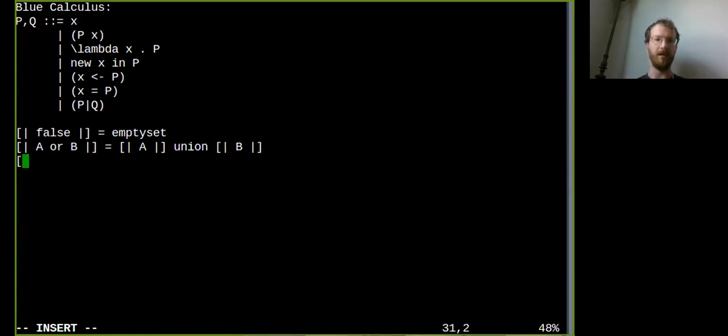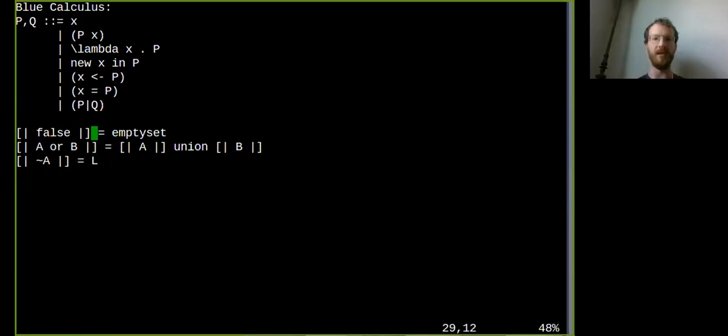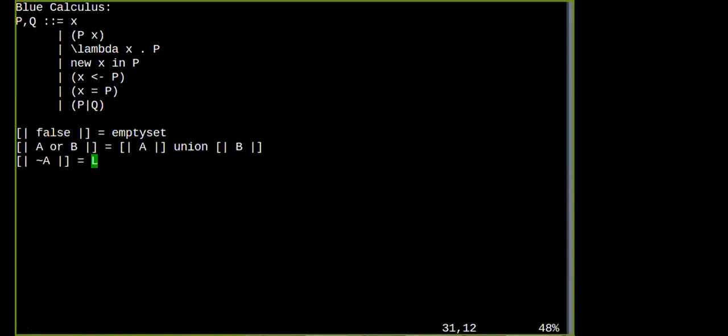And then we need our not as well. And so that's just going to be... I guess we just need to do A at some point. We need to do A at some point? Well, if we've done A or B and we've done not A, don't we need to get A in there?